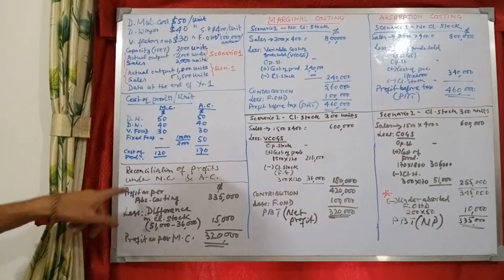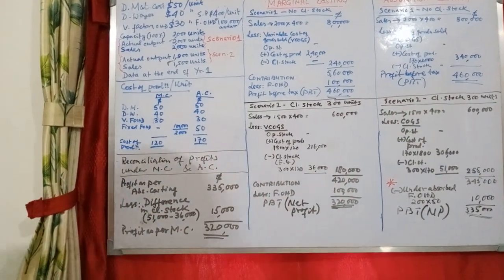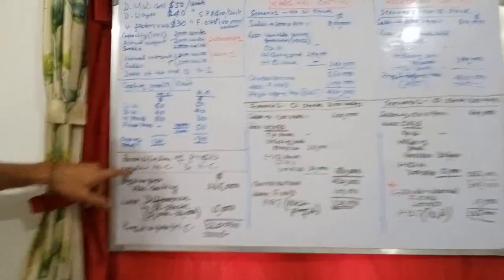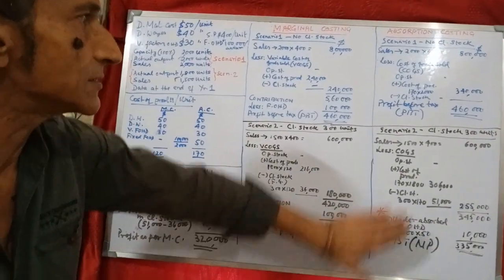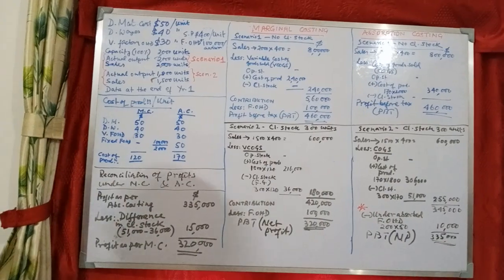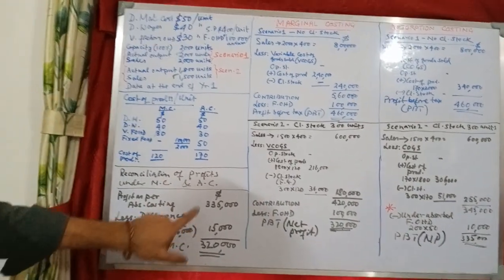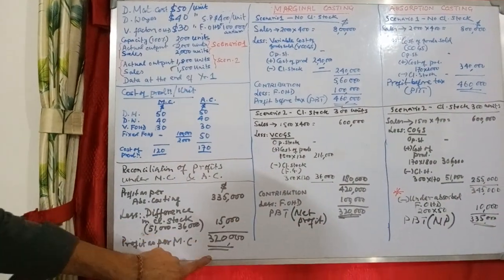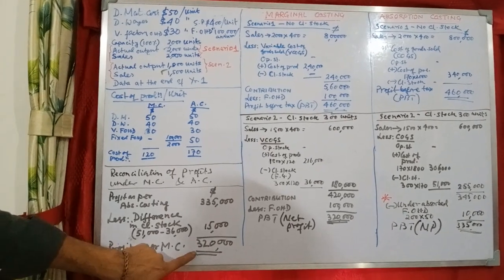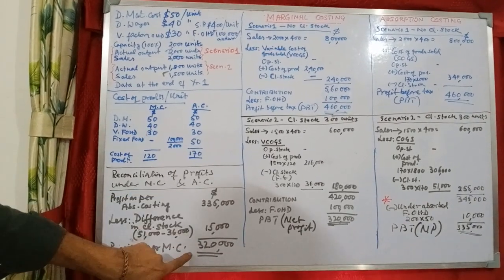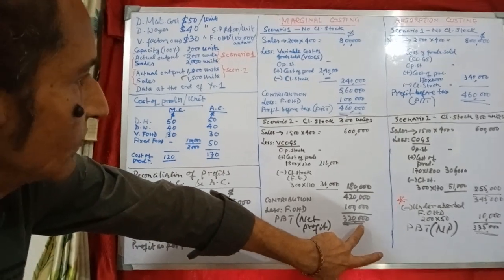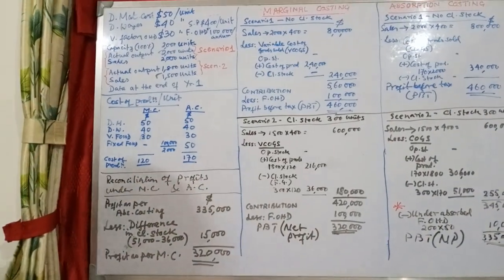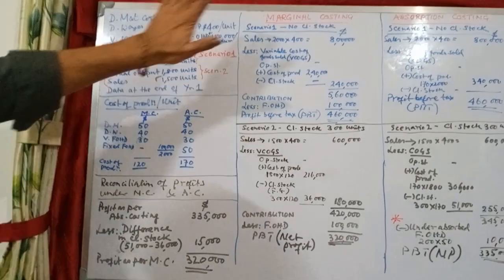And here we have reconciled the two profits. This reconciliation also enables us to cross-check whether we have done it correct or not. Since reconciliation is tallied, that is the profit as per marginal costing, as per reconciliation, is tallied with the profit as we have found out here, it proves that we have done it correct.